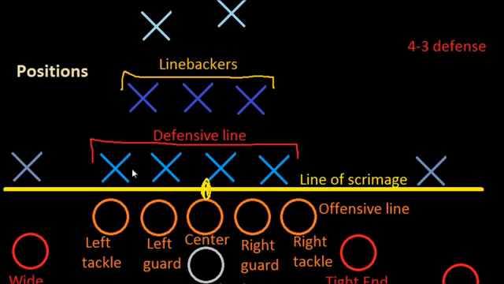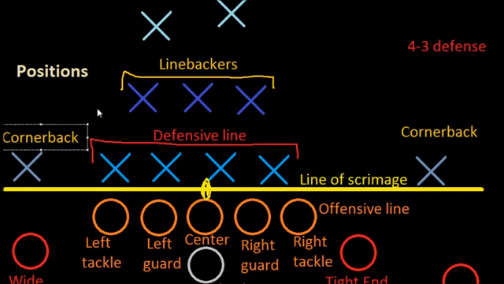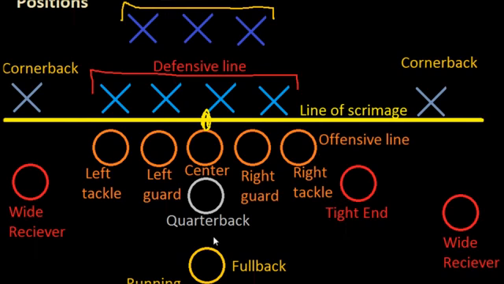So this is where you get the 4-3, and then on both sides, usually defending our wide receivers here, we have the cornerbacks. This guy is a cornerback, and this guy opposite him is also a cornerback, not to be confused with a quarterback.